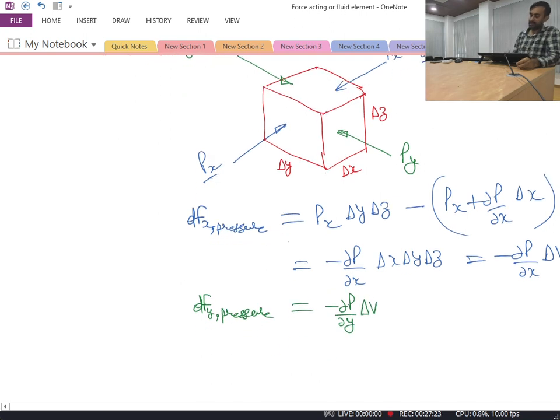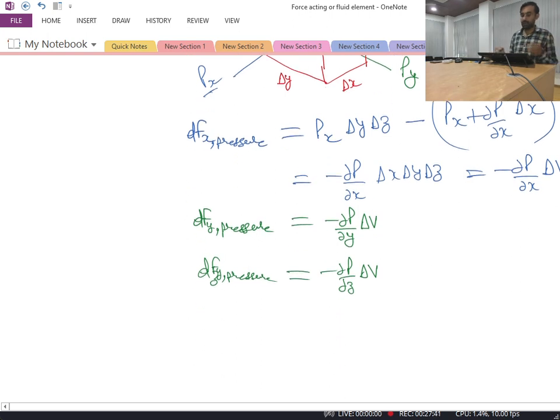Similarly in the z direction I will find that the force because of the pressure is equal to minus del p by del z into delta v. So these are the individual components of the force acting because of the pressure.